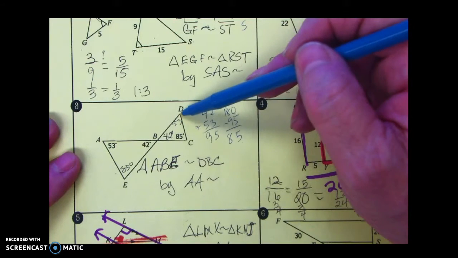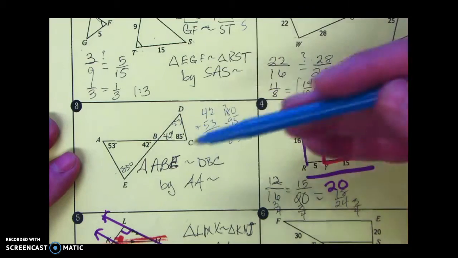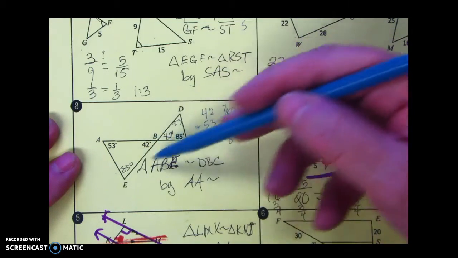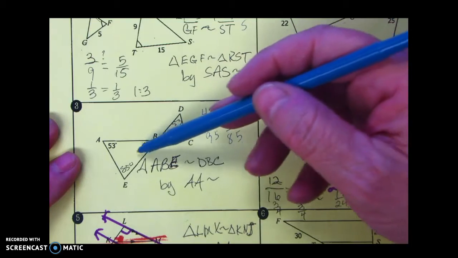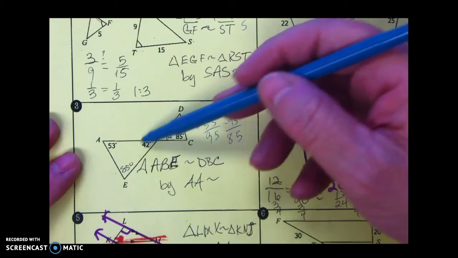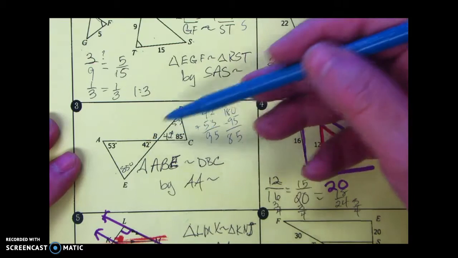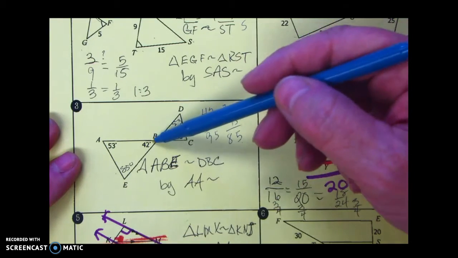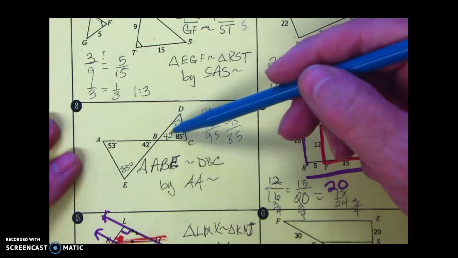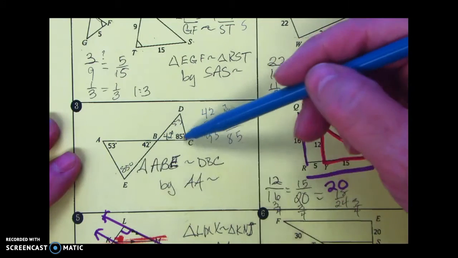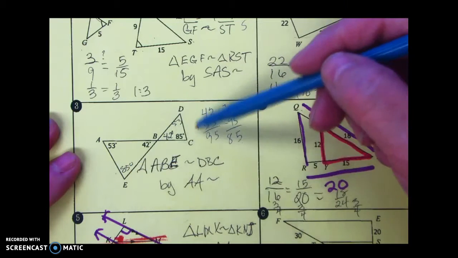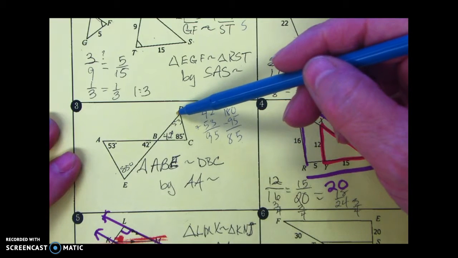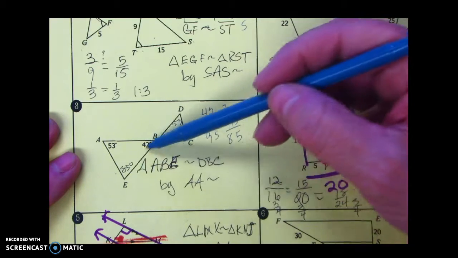If I'm doing this, it's because I don't really get this concept of this closed kind of figure here where it can only add up to 180, so there's limited numbers that it could be. And if this one's 42, that's 53, and I already know this is 42, and I have an 85, and there's my 85, that has to be a 53. So I really don't need to do this one. I could see it from this.